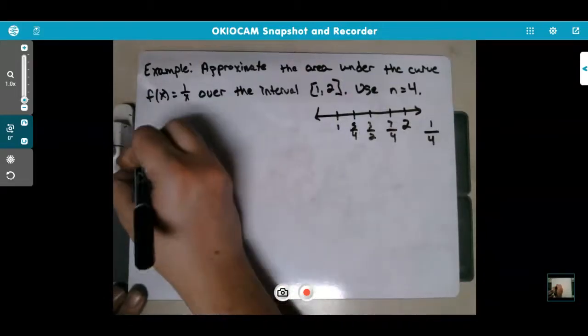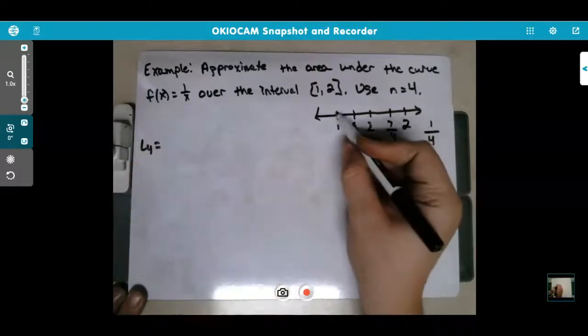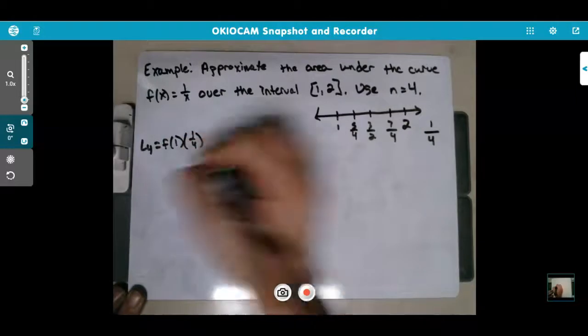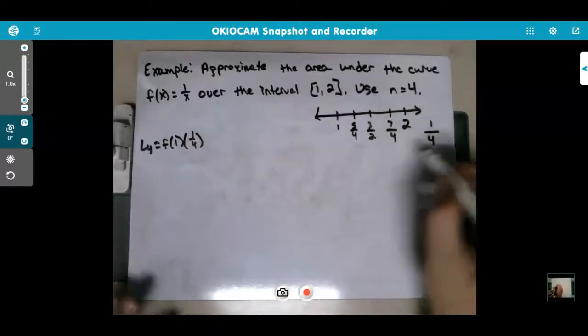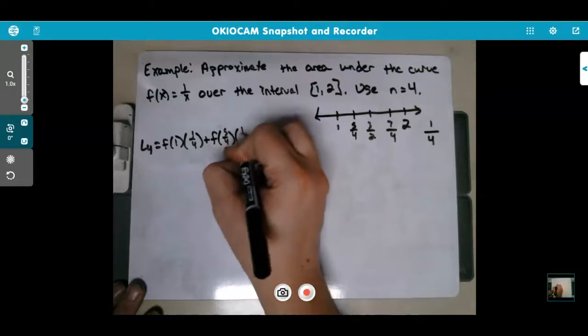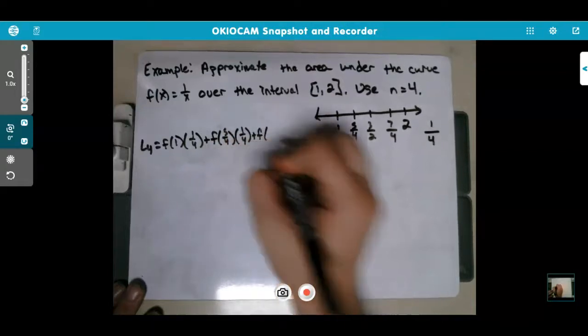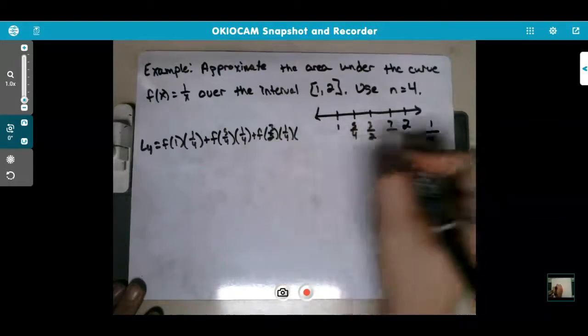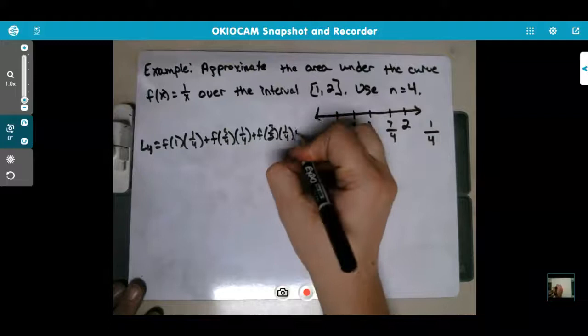So for the left-hand side, I would start with a 1. So f of 1 times 1/4, because that is my width, plus then f of 5 over 4 times 1/4. F of, next would be 3/2 times 1/4. And then lastly would be 7/4.